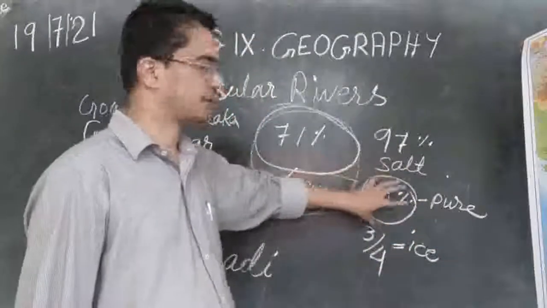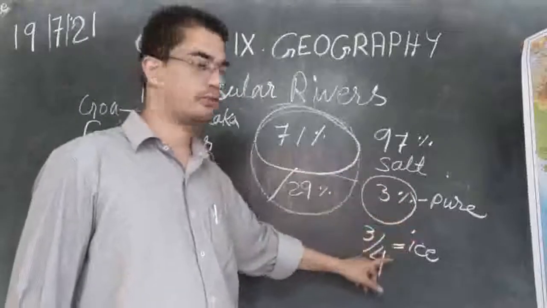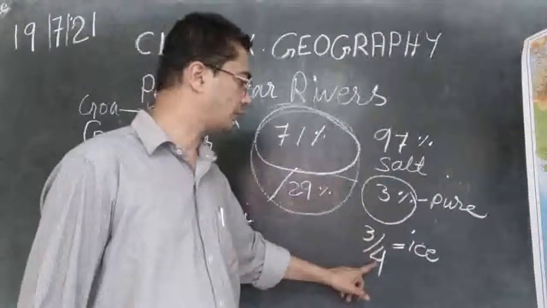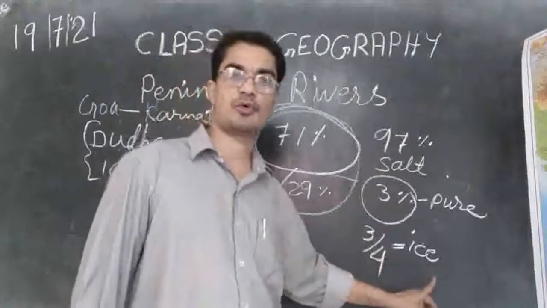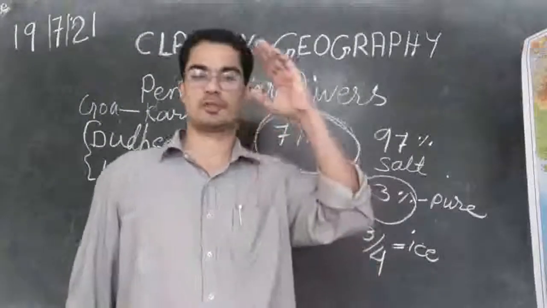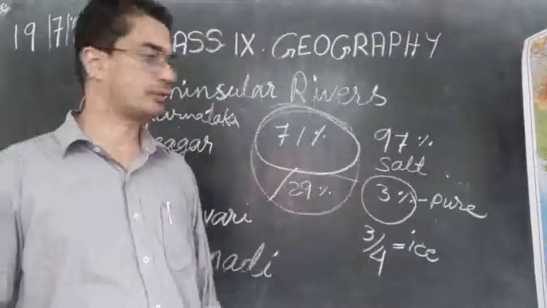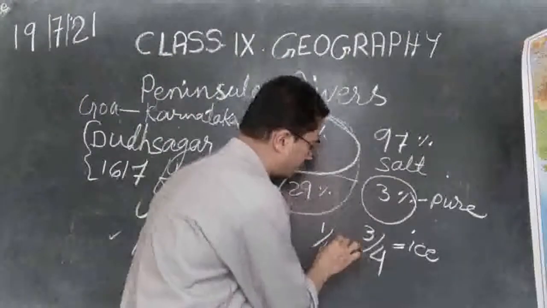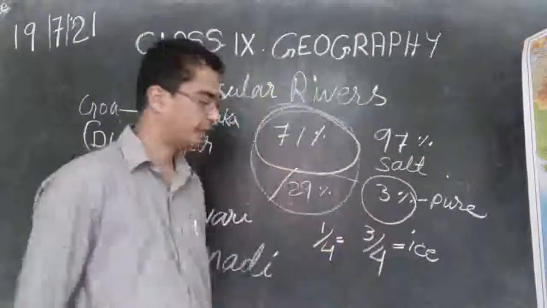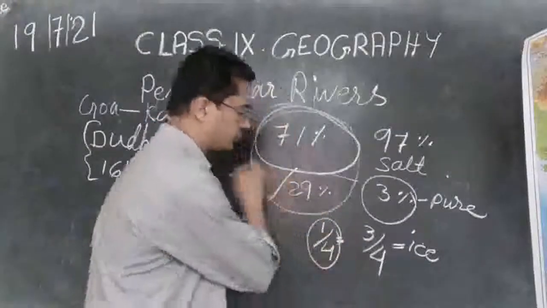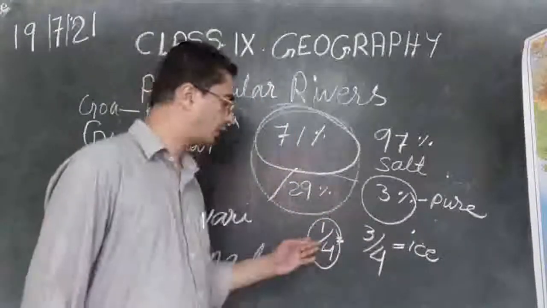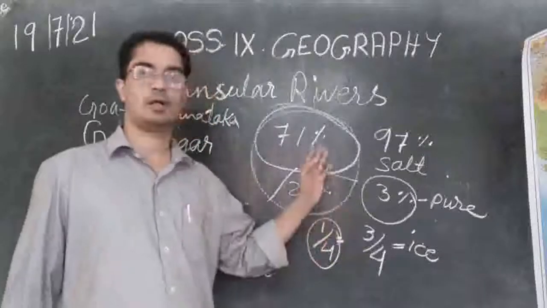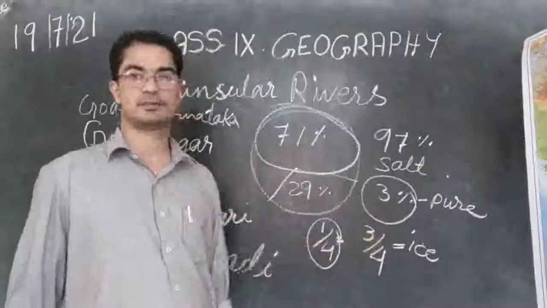Then all this fresh water also we cannot drink because 3/4 of it is in the form of ice, that is on the mountain tops, in the Himalaya and so on. So only 1/4 of the water are we able to use. We have access to only 1/4 of the pure water.